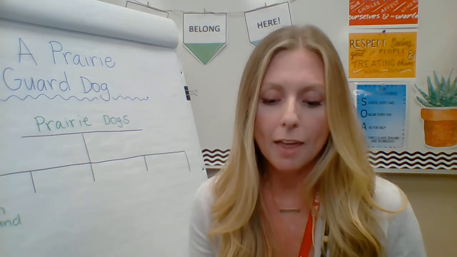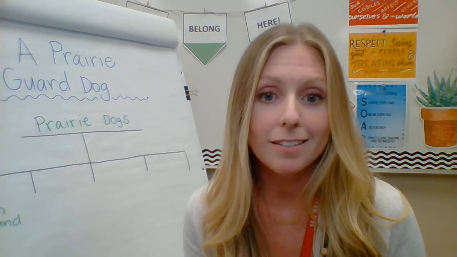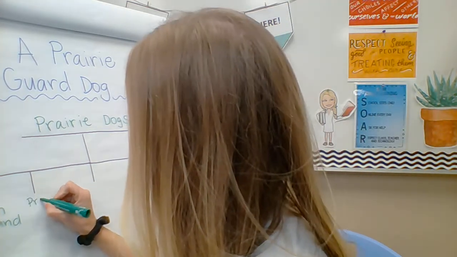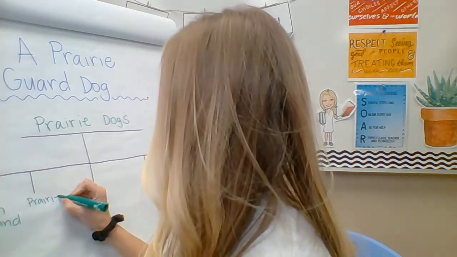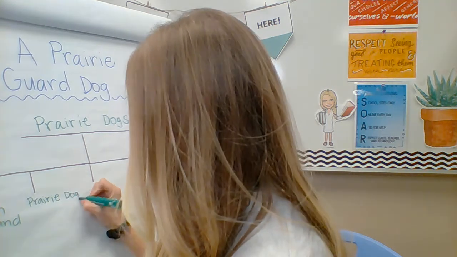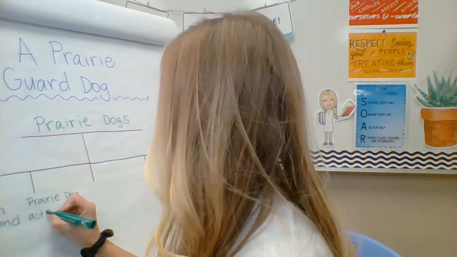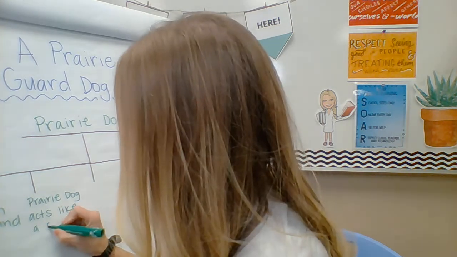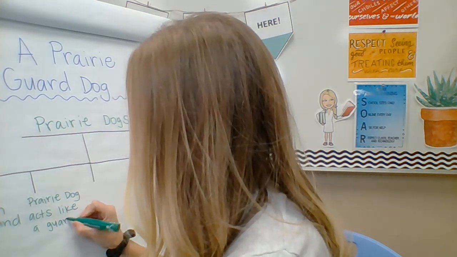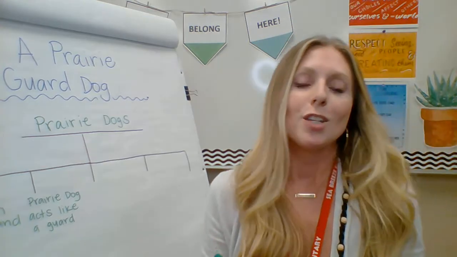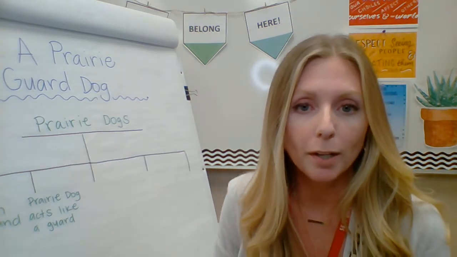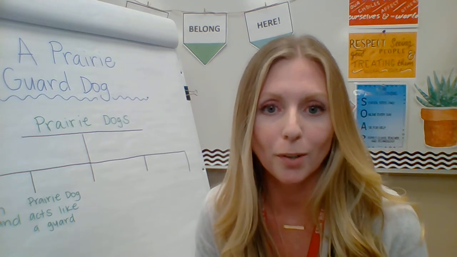So I'm going to write that a prairie dog acts as a guard. Both of these key details support my main topic of the story.